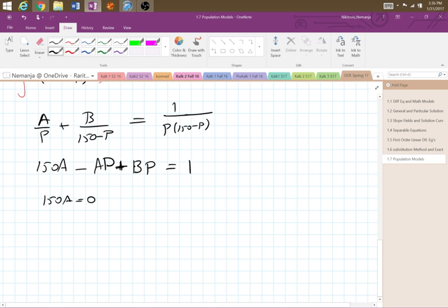So when we multiply, we get pB. We also have 150A, and okay, this one is equal to 1, right? What do we do?